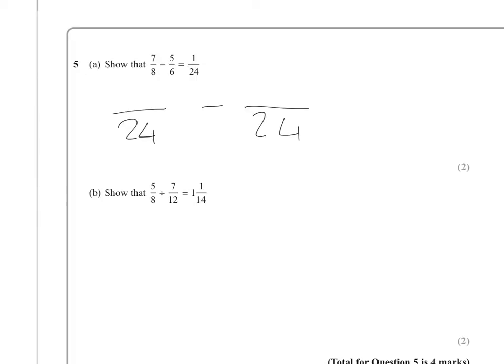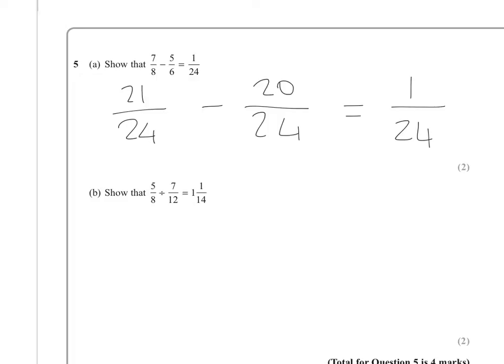We think, what did I multiply the 8 by to get to 24? Well, that's 8 times 3, so therefore I must do the same to the top. 7 times 3, 21. 6 times 4 gives me 24, so then do the same to the top. 5 times 4, 20. 21 minus 20, which equals 1 over 24.